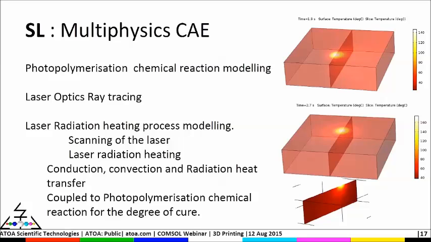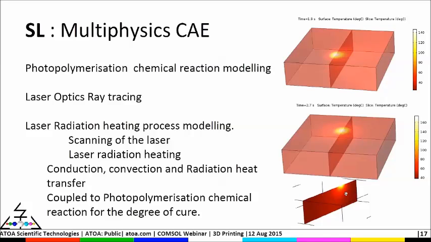The contour plot shows the temperature build-up in the parts, and also shows the laser moving from place A to B, the scanning. What is critical here is the temperature build-up, also the through-thickness temperature build-up, because the laser absorption is based on Beer's law.